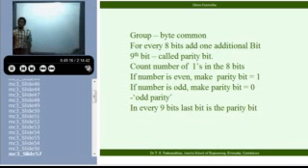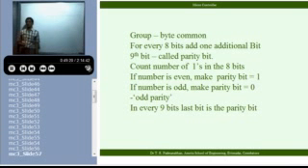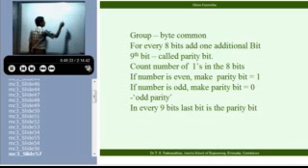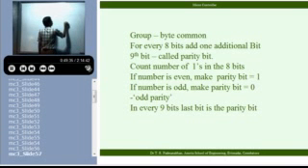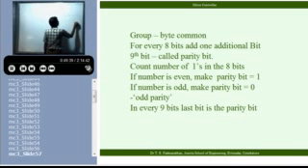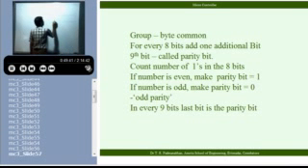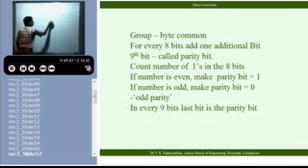So I am transmitting, dividing my data into groups of 9 bits. Plus, I am ensuring that in each group, the total number of ones is always odd. For example, I will not transmit 0, 0, I will not use this.